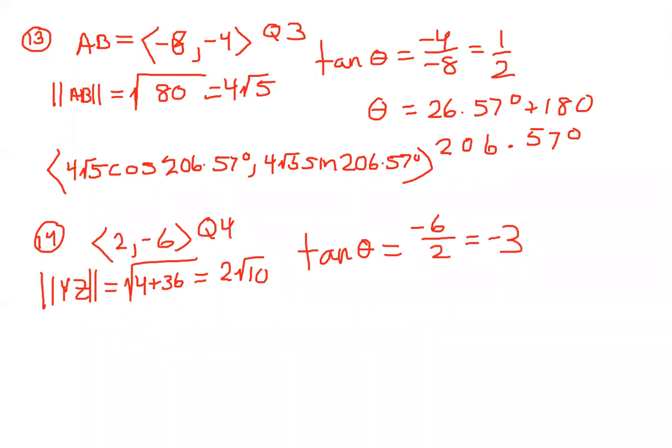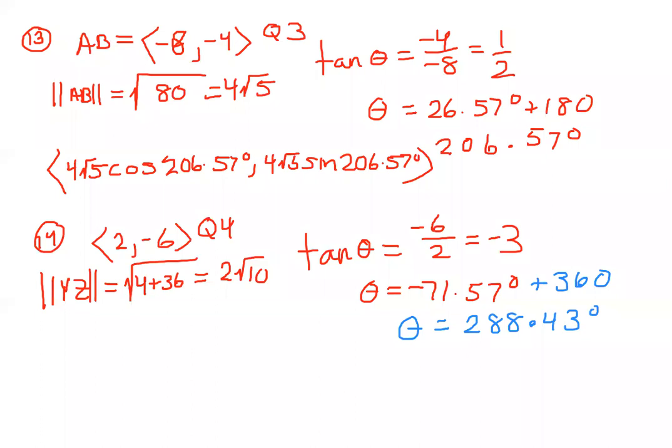Doing that on your calculator, you get theta is negative 71.57, but we don't want that, so we're going to add 360. This is the one where we add 360, and we get theta is 288.43. And our vector is this.